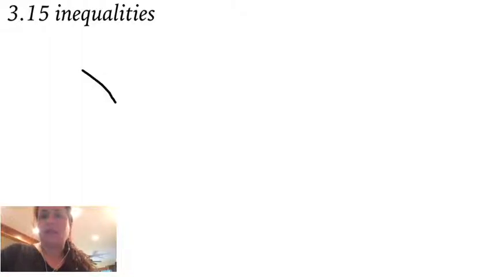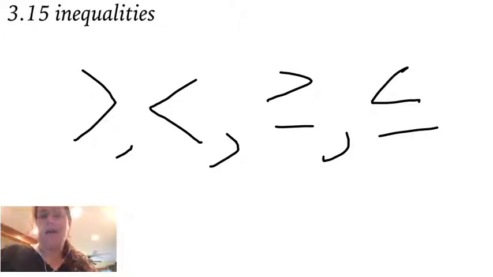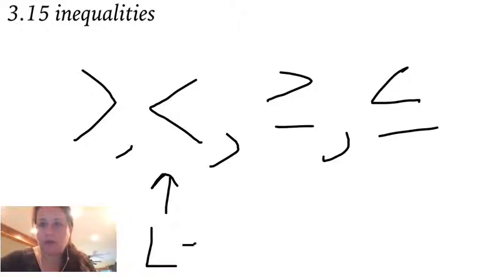For instance, we have this symbol, which is the greater than symbol. We have this symbol, which is the less than, greater than or equal to, or less than or equal to. And I always read these from left to right. One thing that makes it easier sometimes for the less than symbol is that it almost looks like an L, and an L can stand for less.